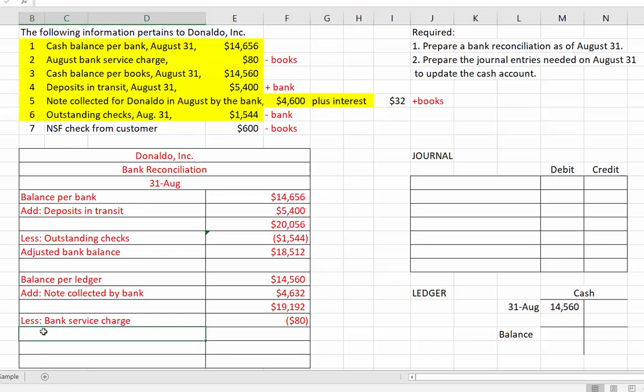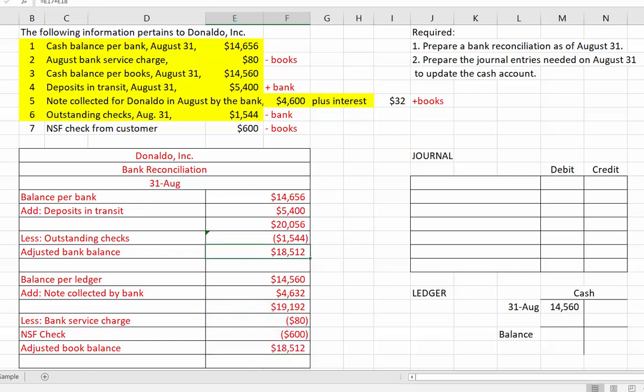And then the last thing we have is NSF check, and that's equal to 600. Okay, so now we have adjusted book balance. So I'm going to sum up the 19,192 and then those two things, two adjustments.